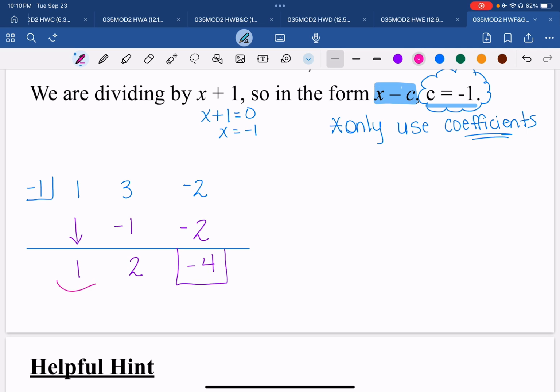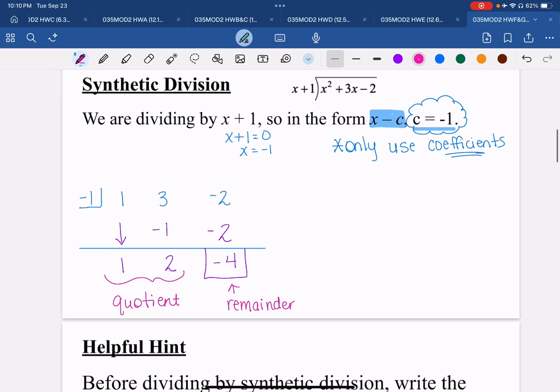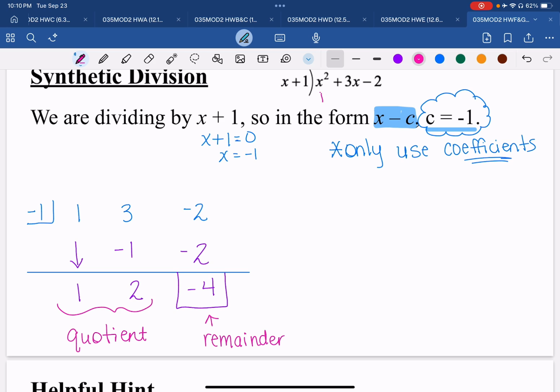These right here represent the coefficients of the quotient. This is the remainder. That means that if I started with x squared in my division, it drops by 1 exponent.